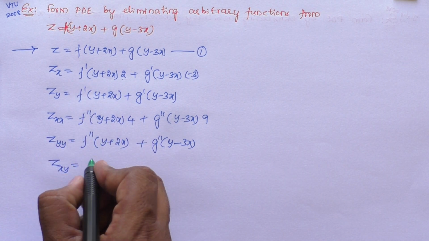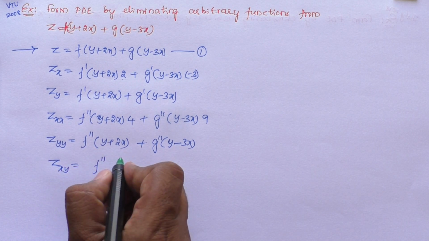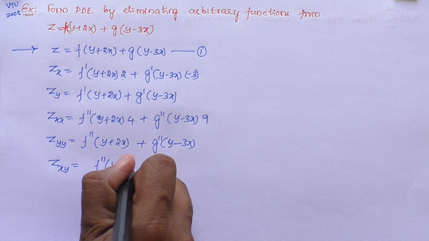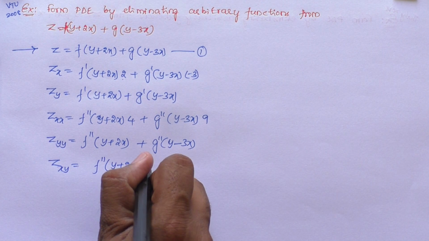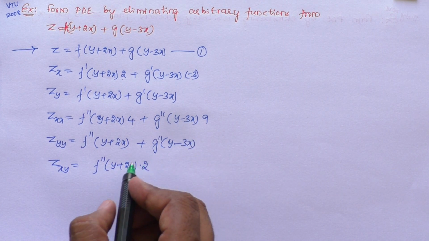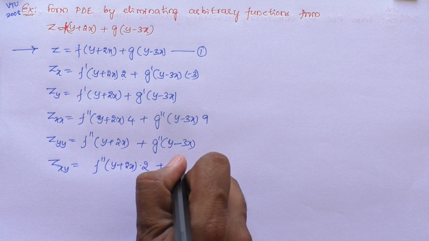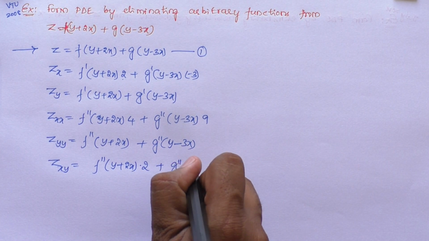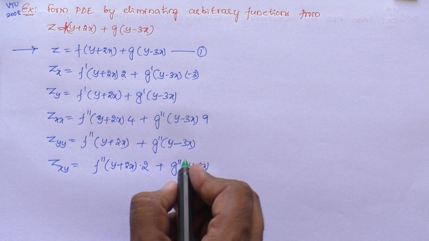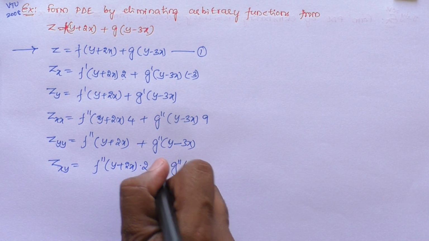So f dash differentiates to f double dash (y plus 2x) into 2, plus g dash differentiates to g double dash (y minus 3x) into minus 3, already it is there.